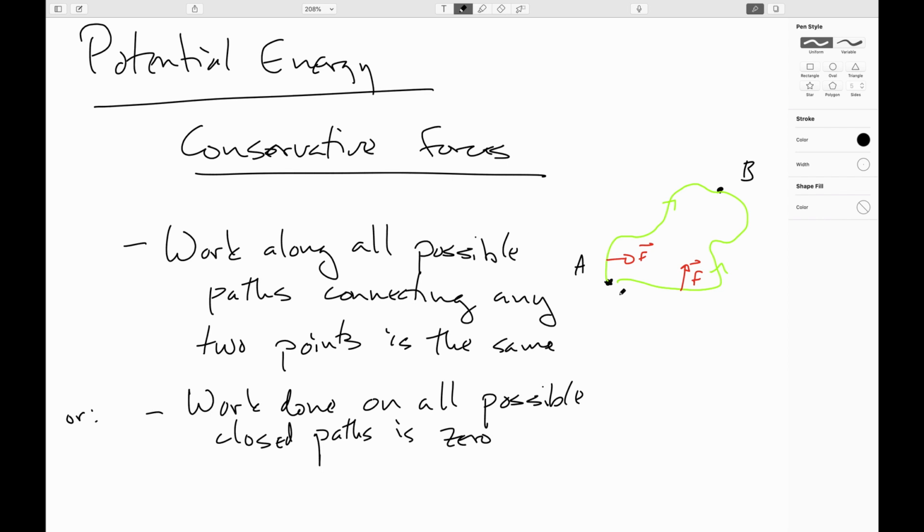And so it seems like showing either of these would be an insanely tall order. But it turns out that there is a very clever mathematical construct that you can do beyond the scope of this course. There's a mathematical construct called taking the curl.